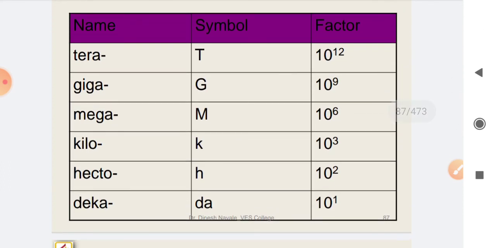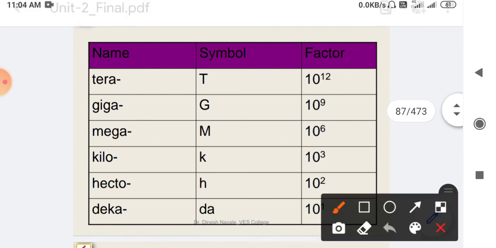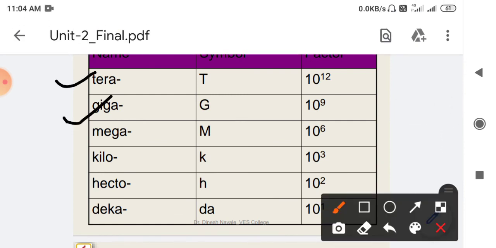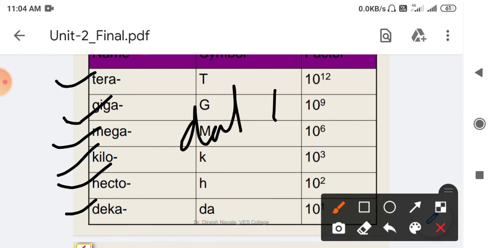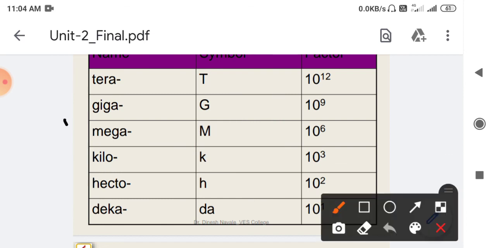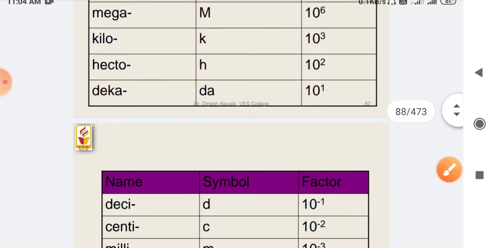Here we see the higher units like tera, giga, mega, kilo, hecto, deca. All of these are quite familiar from data, like 1 GB, 2 GB, and computer hard disks, where we come across TB, meaning terabytes.